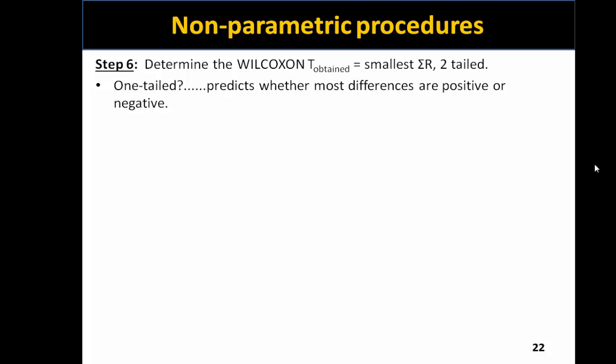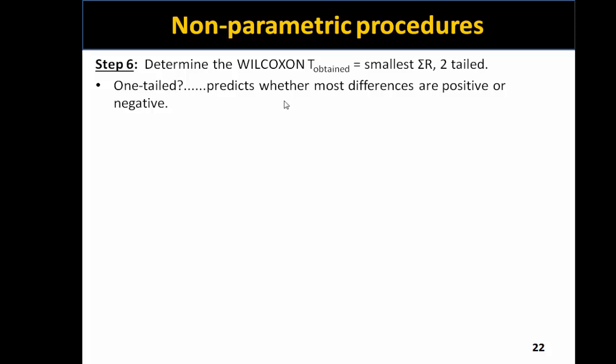The sixth step is to determine the Wilcoxon t statistic, or what's often referred to, as we've referred to it often in this course, as the t obtained, which is the smallest of the summed ranks. And this is similar to what we observed with the Mann-Whitney U-test. It's two-tailed, so this is a non-directional type of assessment.